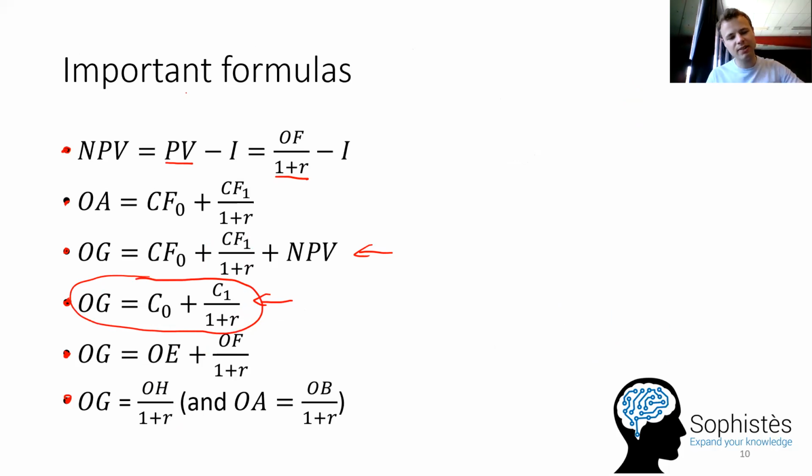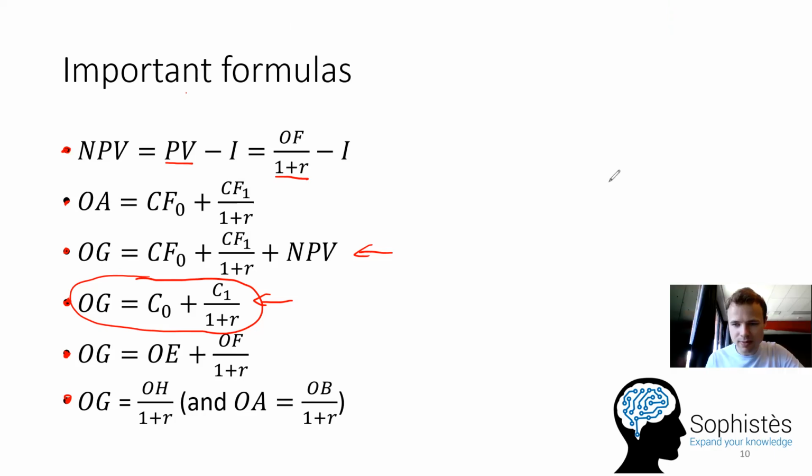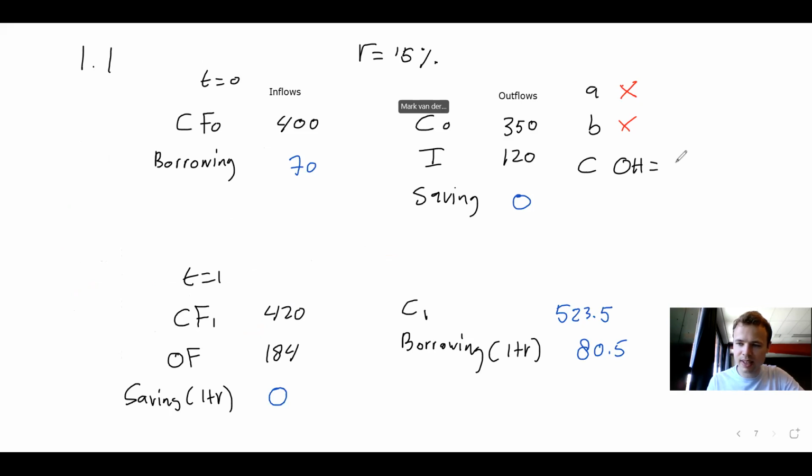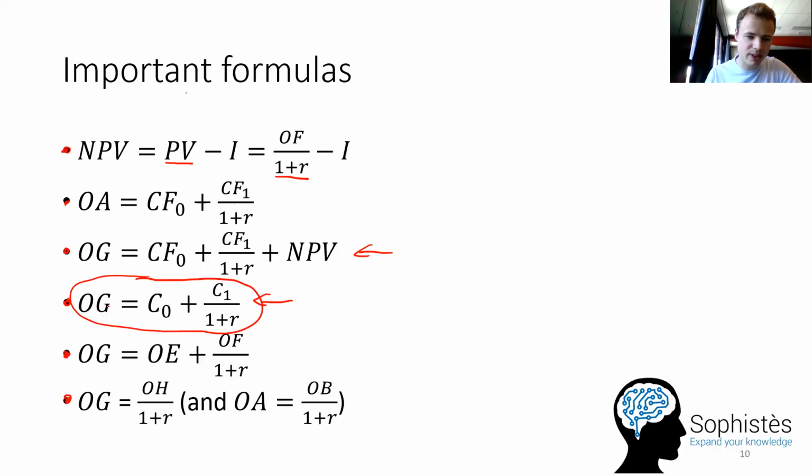If I multiply that by 1 plus R, I get the OH. So the OH is C0 times 1 plus R plus C1. Do you agree that this is the formula for the OH? So it's the formula I just showed you times 1 plus R. That's the OH. Okay.